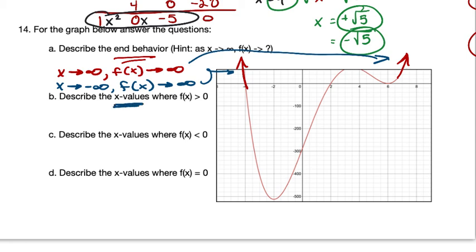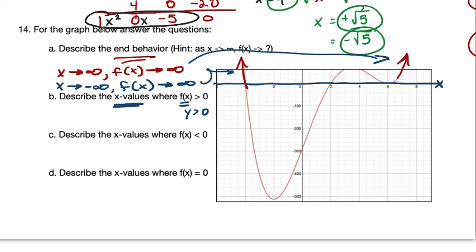Describe the x values, so here's our x-axis, where the function's y values are positive. Okay, so let's look where the y values are positive. Here's the x-axis. Positive y's are above it. Okay, so this little wing right here, this hump is above it, and over here it's above it.